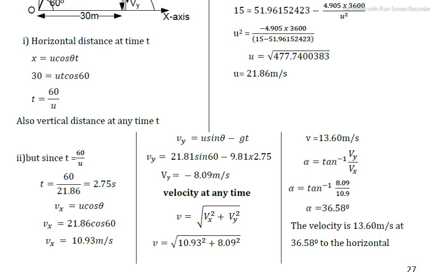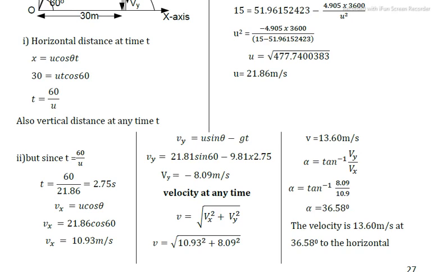And then remember, they are asking for velocity, meaning they want the resultant velocity. So in this, we must get the horizontal component of velocity and the vertical component, which will give us the resultant. So getting time will help us get the vertical component of velocity.